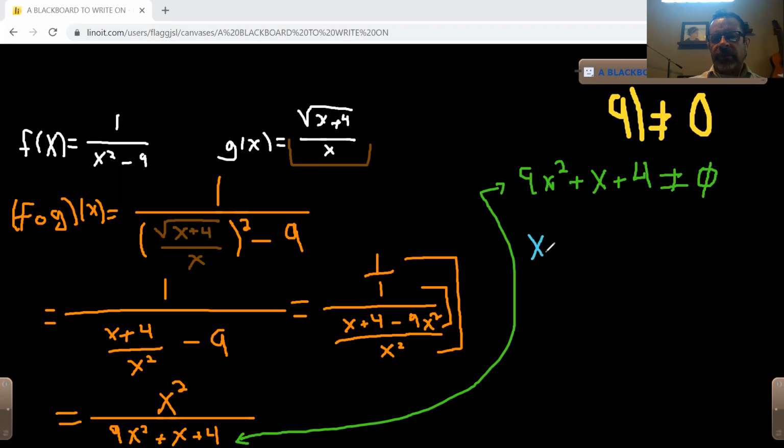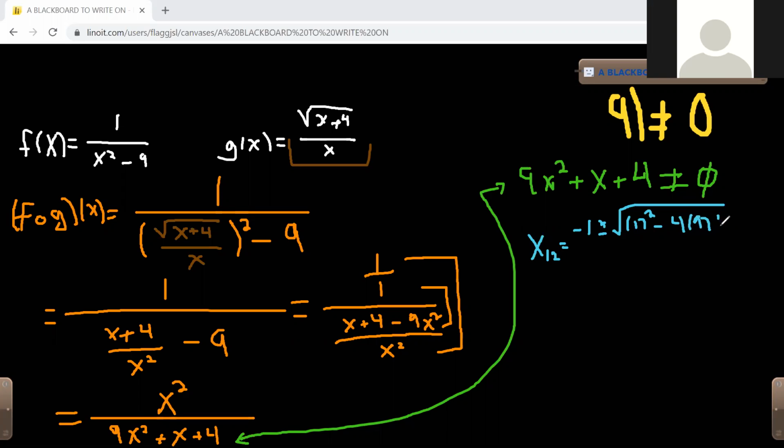So the general formula is x1 and 2, and somebody help me out here with the calculations, would be minus b, which is minus 1, plus minus the square root of b squared, which is 1 to the square, minus 4a, which is 9, and c, which is 4.